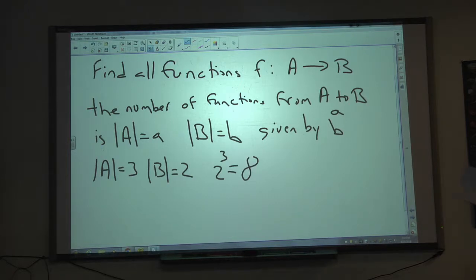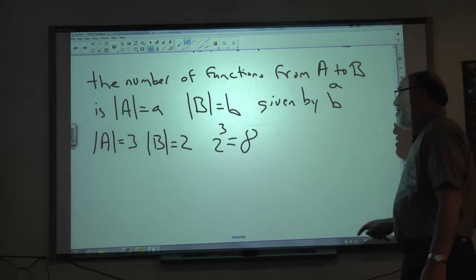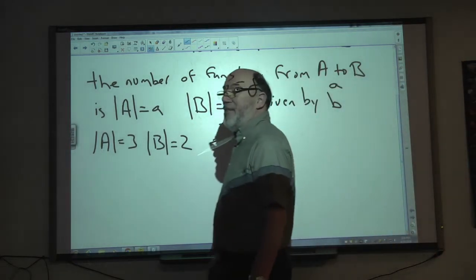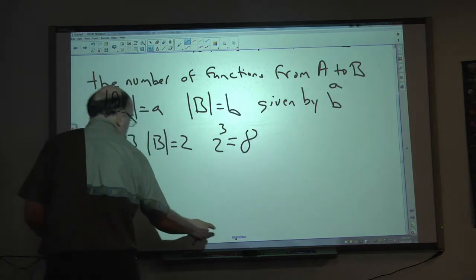And then we can look and determine, well, what are all of those possibilities, right? So after all, we said this can be done 8 ways in terms of this, right?